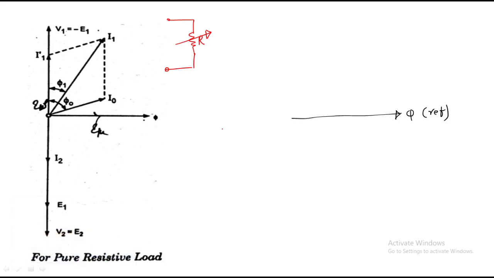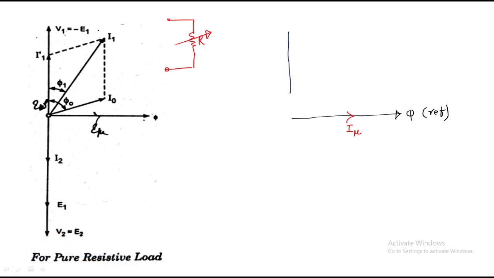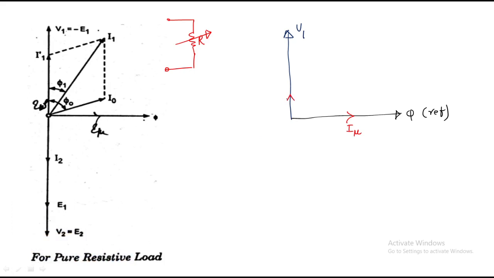We all know that I mu is always in phase with flux, which lags the supply voltage by 90 degrees, right? But we all know that the operation of the transformer under no load condition consists of IW and I mu. IW is in phase with V1, I mu is in phase with phi, but I mu lags V1 by 90 degrees.